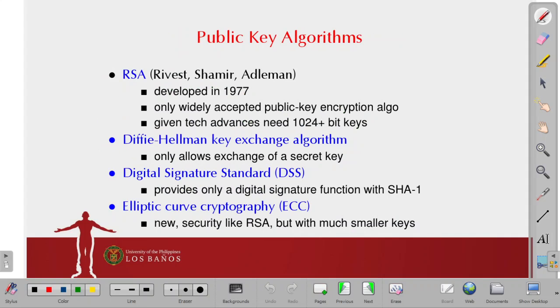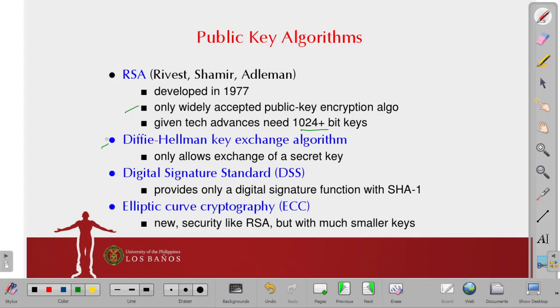So we have 4 algorithms. RSA, developed in 1977, is the only widely accepted public key encryption algorithm, and needs 1024 plus bit keys.